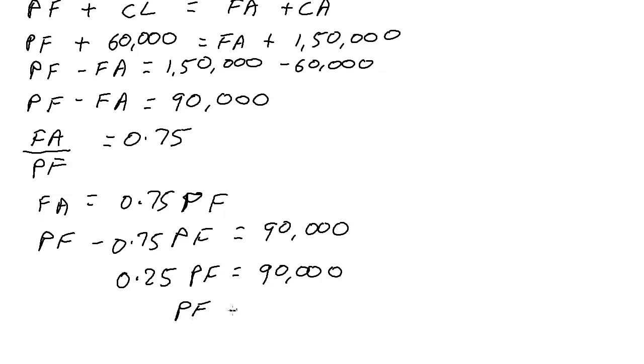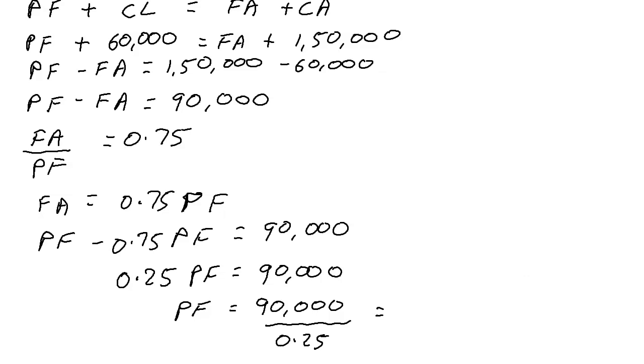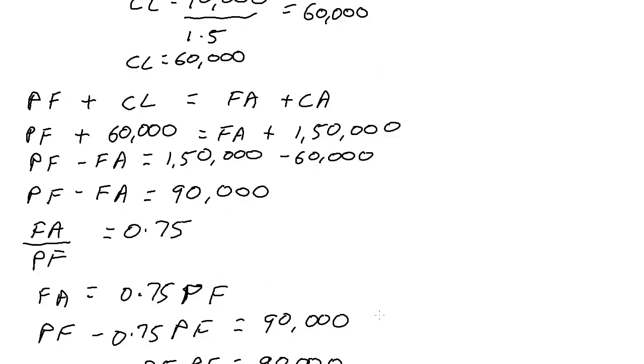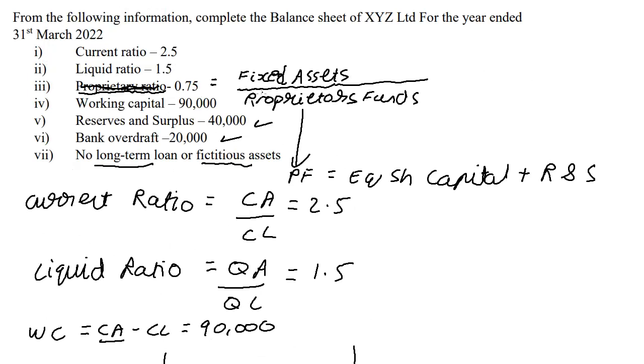Proprietors funds is equal to 90,000 upon 0.25, which is 3,60,000. Now, if I've got proprietors funds as 3,60,000, and going back upstairs, we had established a formula for proprietors funds as equity share capital plus reserves and surplus.